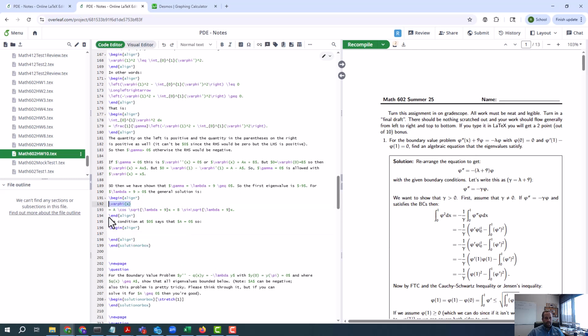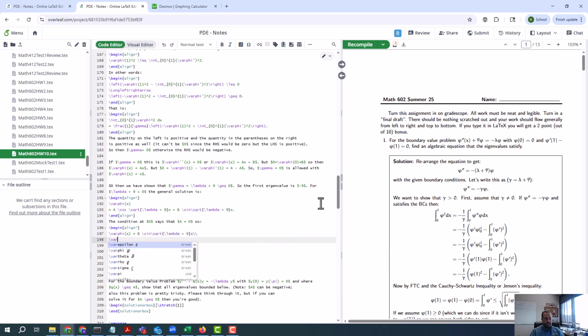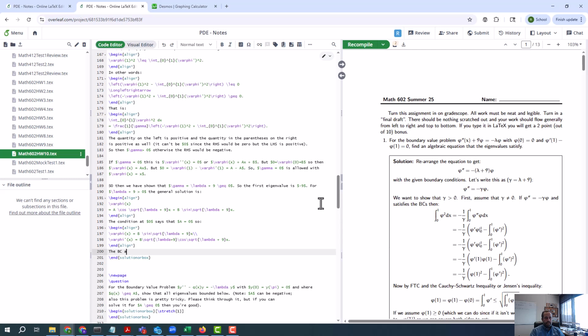So we're going to have phi equal to this, and then the derivative is going to be equal to b square root of lambda plus 9 cosine of square root of lambda plus 9 times x, plus sine of square root of lambda plus 9 times x.